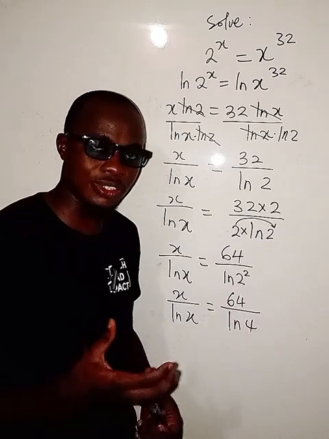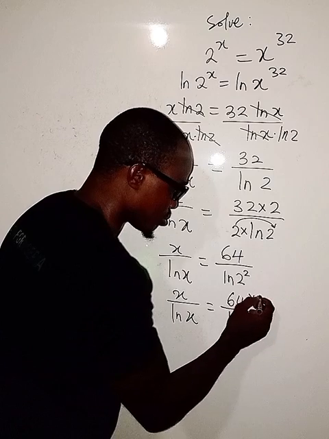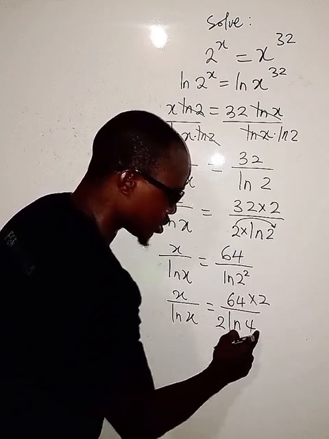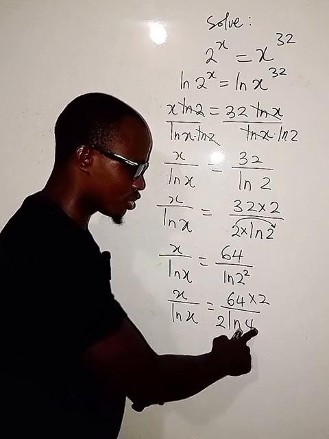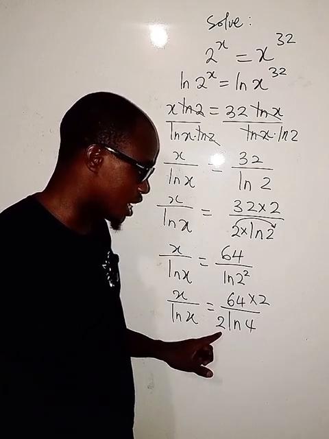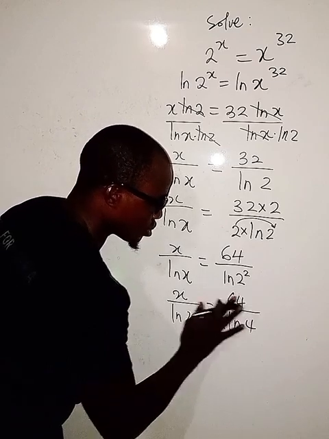Are you getting what I'm saying? Let's repeat the same thing. Multiply this by 2, and I will multiply this also by 2. Don't multiply it by 2 here, because you might think it is 4 times 2. We are multiplying the 2 in the power.